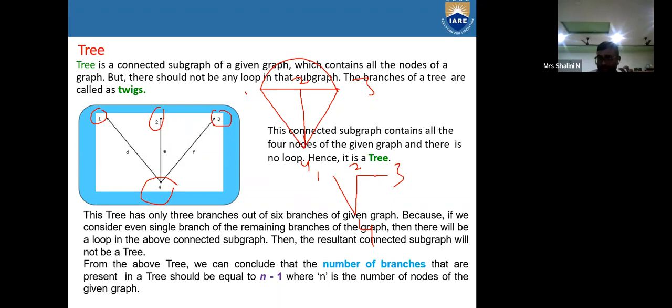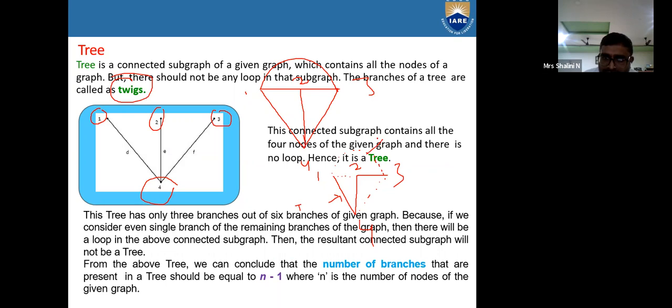Okay, in that one, the 1, 4 element will be there, no drawing line. This is called a tree element. That is called a twig. Okay, tree branch, that is called a twig. Already I mentioned here: these 3 branches will be called strings. The remaining lines, for these 3 lines, are data lines. Can you understand?